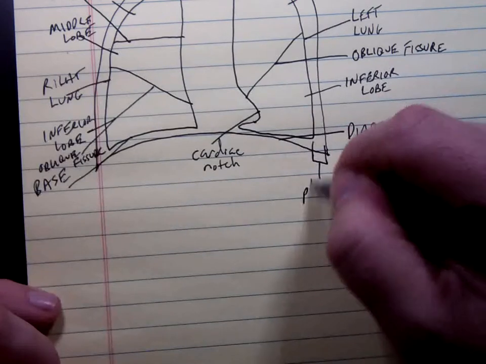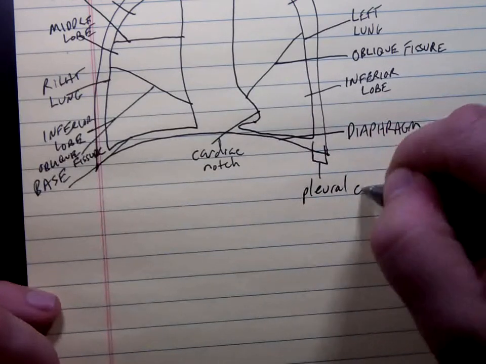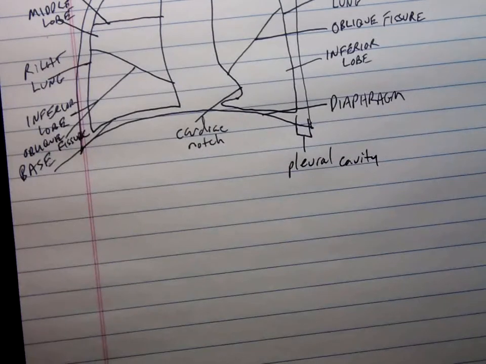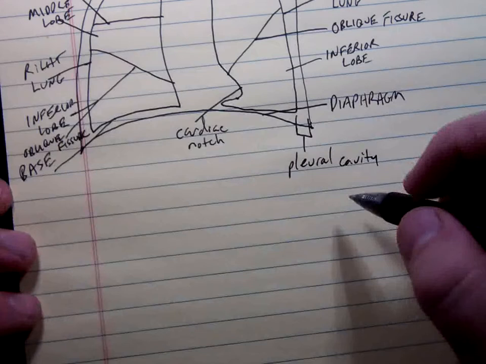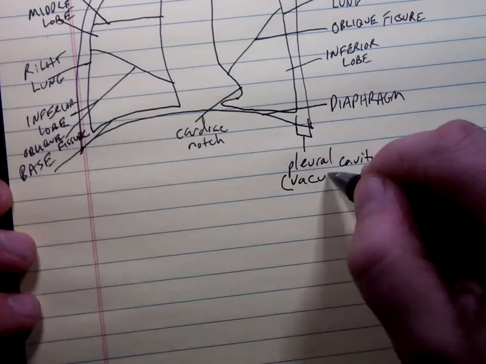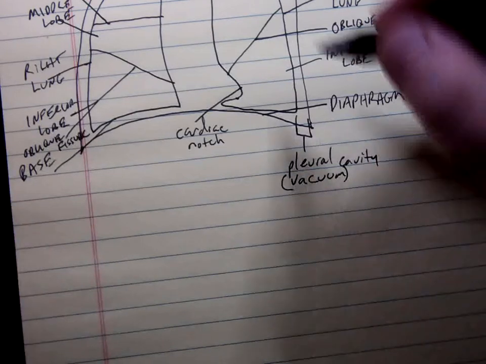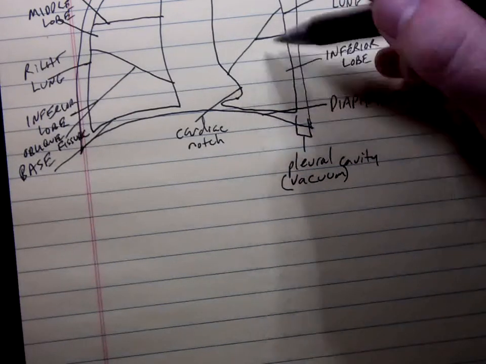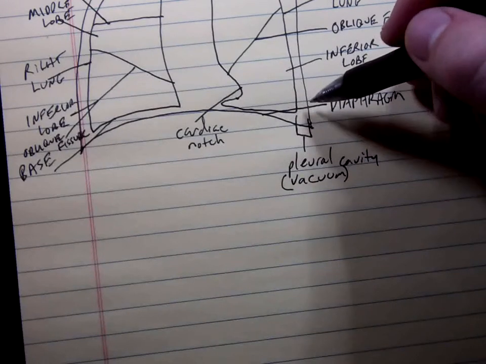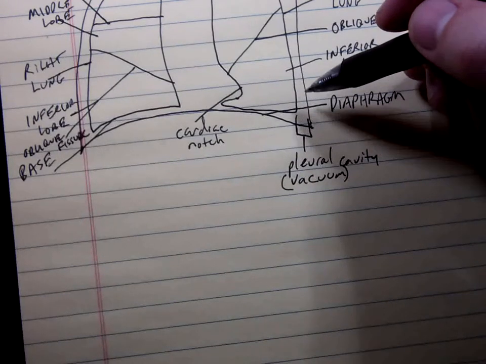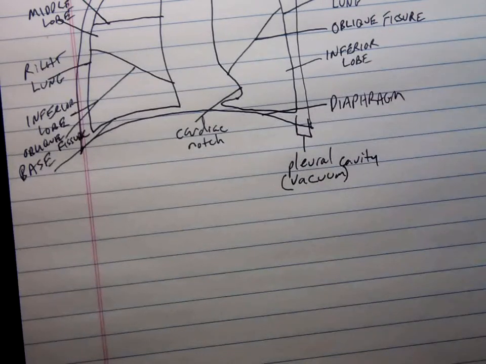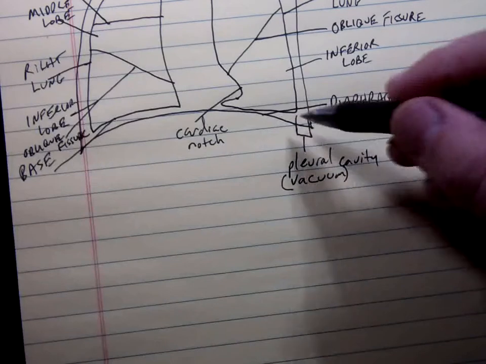So the pleural cavity is interesting because it is a vacuum. Though your lungs are full of air and air moves in and out of your lungs, this space surrounding the lungs has actually a negative pressure. This space is not a perfect vacuum like space, but it's evacuated.